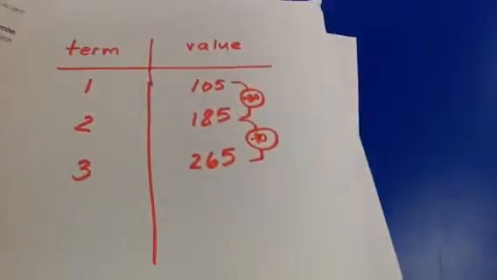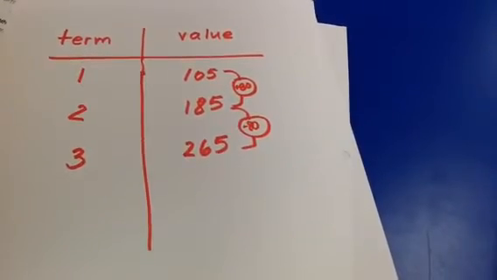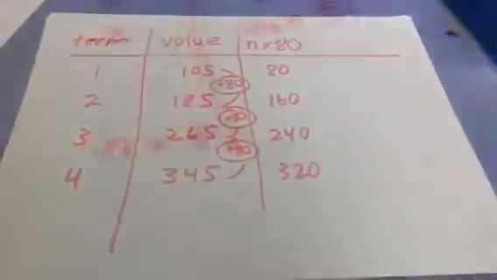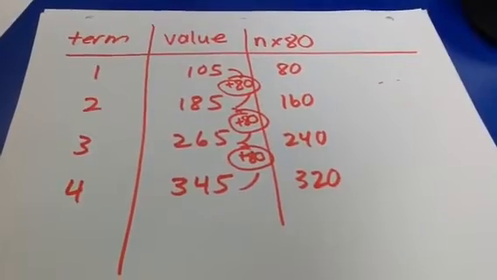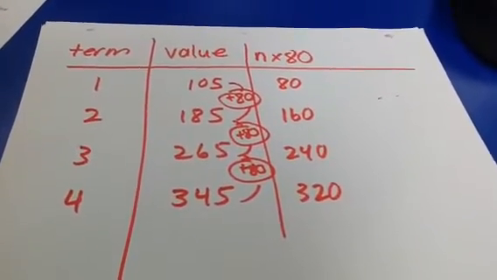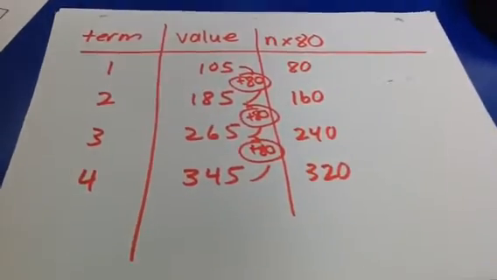So if they see that plus 80 appearing every time, they then use that as their algebra rule, n times 80. And so once they've determined that the magic number in the bubble is 80, we are going to create a one-step algebra rule of n times 80.